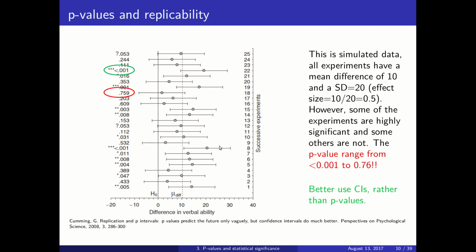So the p-value is a rather unstable and widely varying random variable, while the confidence interval is much smoother and conveys better the idea that there is a difference between the two, although that difference might not be significant.